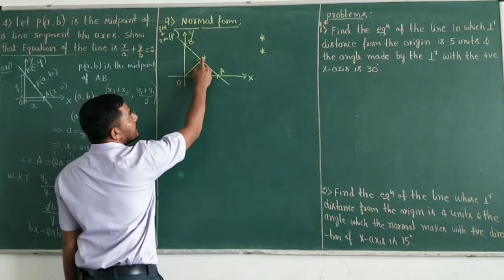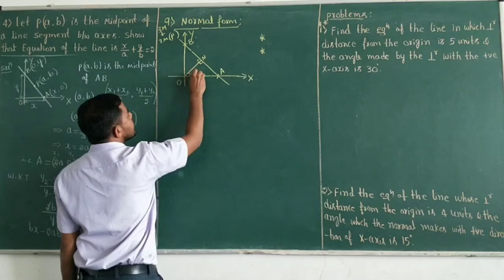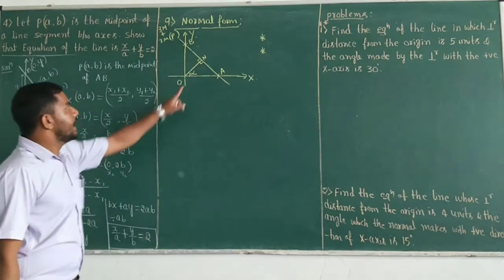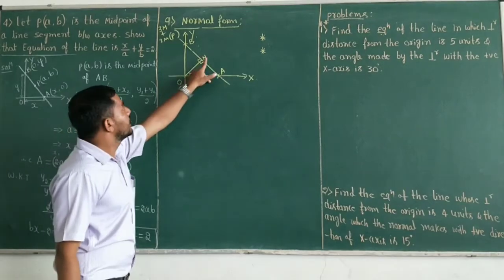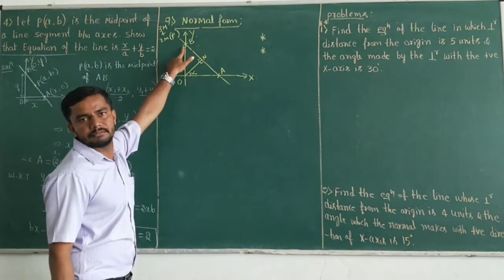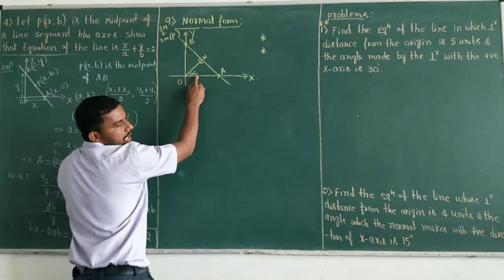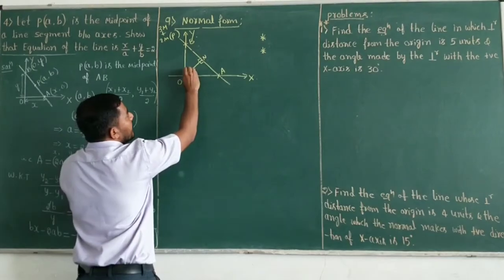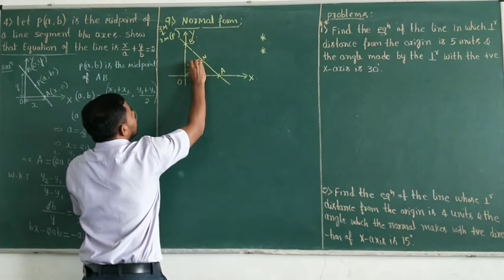The angle NOA is called alpha. So this is alpha. If NOA is alpha, then NOB is 90 minus alpha, because this is 90 degree. We subtract alpha from 90. We get this one is 90 degree minus alpha.